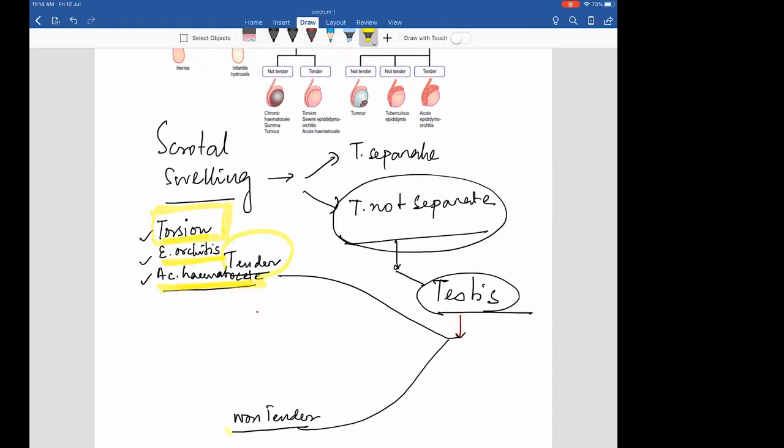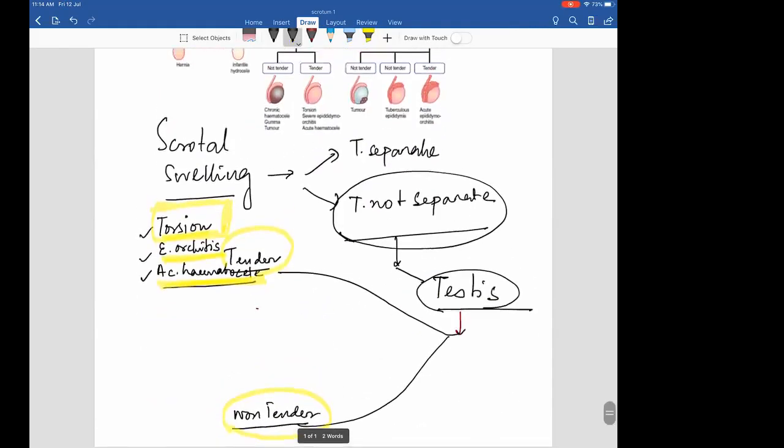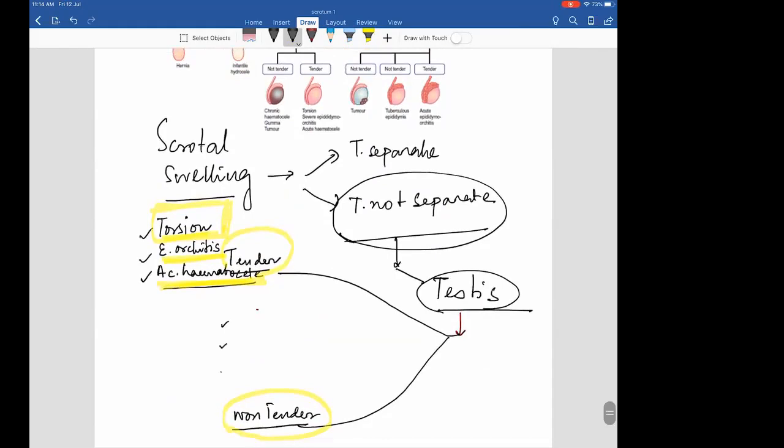Now, the next one, non-tender swellings, are usually not common, and non-tender swellings again have 3 counterparts. The most common one is chronic epididymitis. Next one, rare in India now, syphilis or the gumma of the testes, or tuberculosis of the testes.